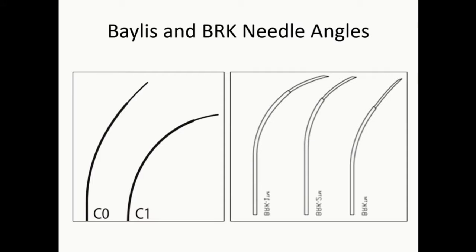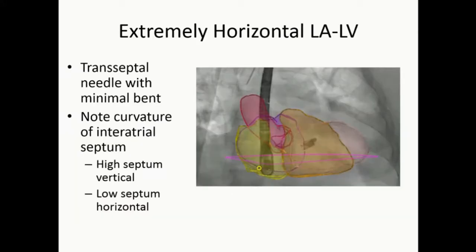I mean, just think of all the other interventional procedures and steps. We do the same sort of thinking. And here's a more extreme case from just last week, down to that little yellow circle where I needed to make a transseptal puncture. And this was a very vertical heart, so you barely needed any bend on the needle to reach that. And so if your standard default is to make a big bend and start with that, I don't know where that would have ended in this patient, but it would not have ended in the right place.